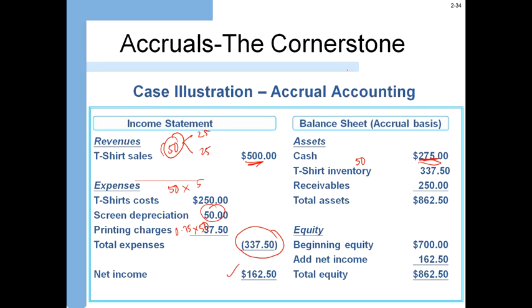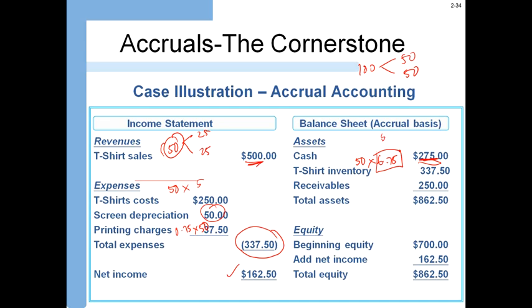Kita kan ada 100. So 50 kita jual, 50 lagi yang unsold. So 50 times RM6.75.